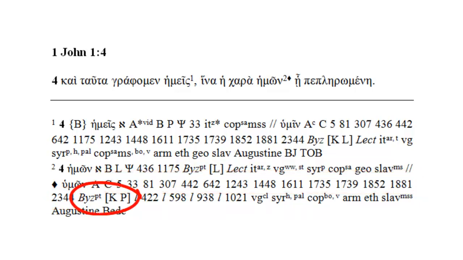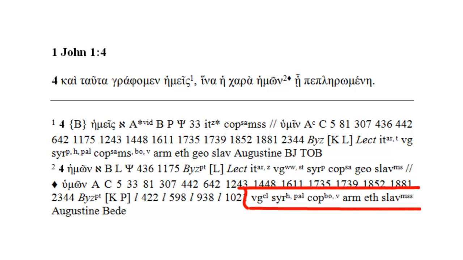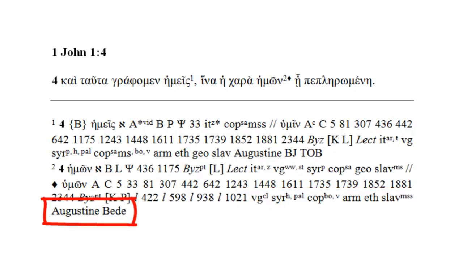Then we have part of the Byzantine tradition, represented by K and P. Then we have some lectionary readings, some particular lectionaries, lectionary 422, lectionary 598, 938, and 1021. This is Vulgate, a particular Vulgate manuscript, Syriac, Coptic, Armenian, Ethiopic, Slavonic, then to Church Fathers, Augustine, and Bede.